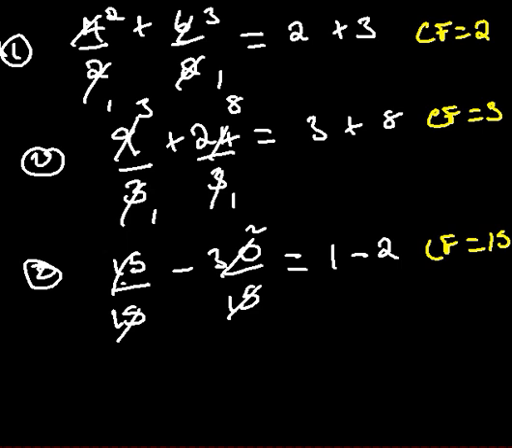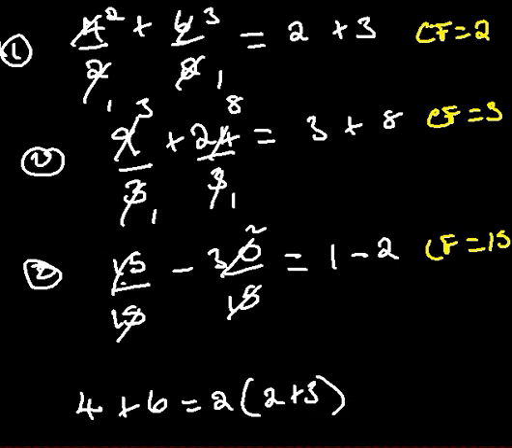Now, let's go back to the first case. The first case has been given as 2 plus 3, and the common factor is 2. You have to observe that 4 plus 6 is the same as having 2, which is the common factor, times 2 plus 3.